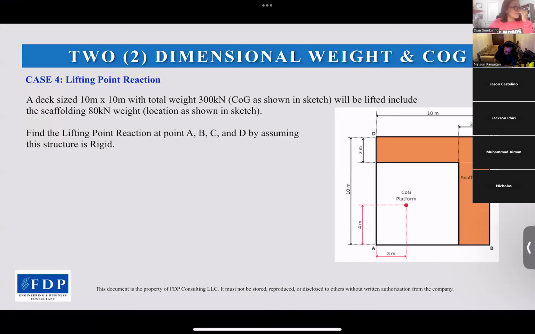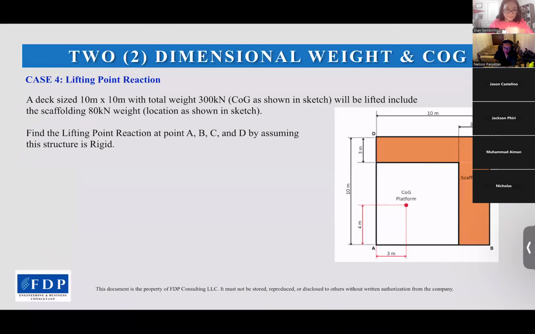For cases like this, there are 4 lifting points that we need to find, but this calculation only works for a rigid structure, for example equipment or machinery like that.